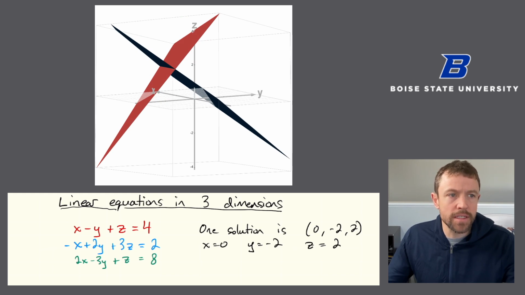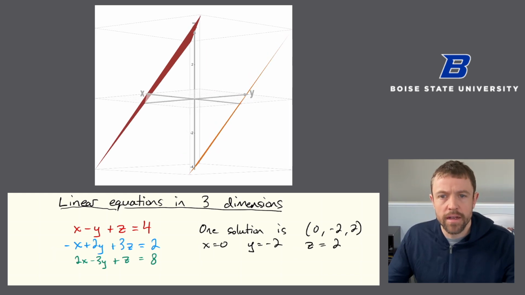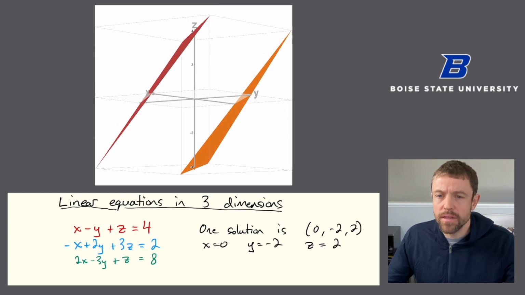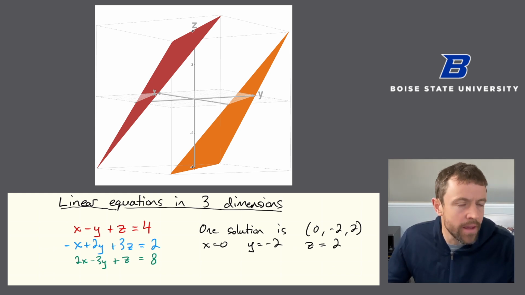And there's a few ways to do this. So these 2 planes that I've drawn, it's kind of hard to see, but they're parallel. Right? So I could have 2 linear equations that represented parallel planes that never intersect. So that means that there can't be any points that make them both true at the same time.